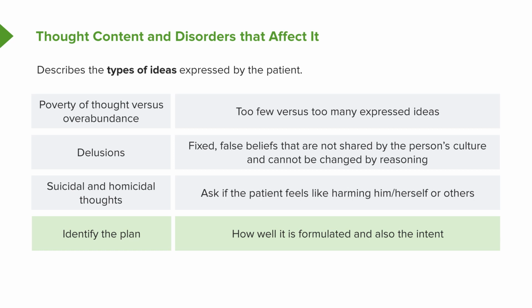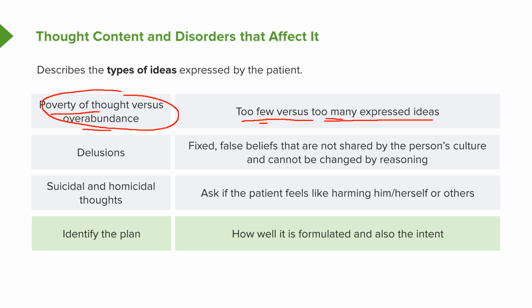So, for example, when a patient says too few versus too many expressed ideas, this is what we call poverty of thought versus overabundance. Okay, so if they have too few, then that's poverty of thought. Too many, then that's overabundance of ideas, of thought.